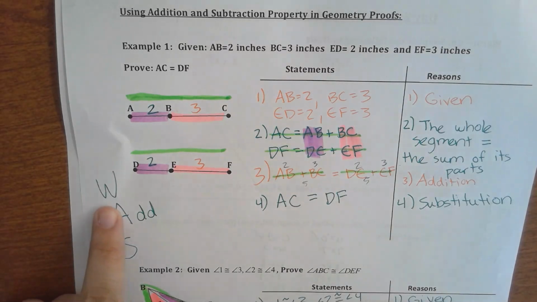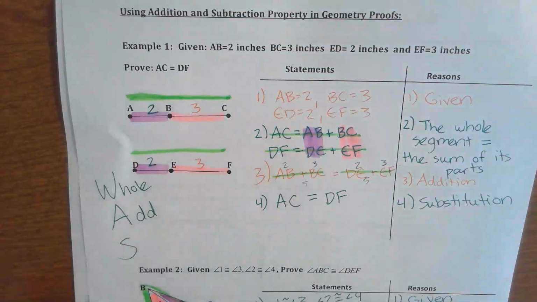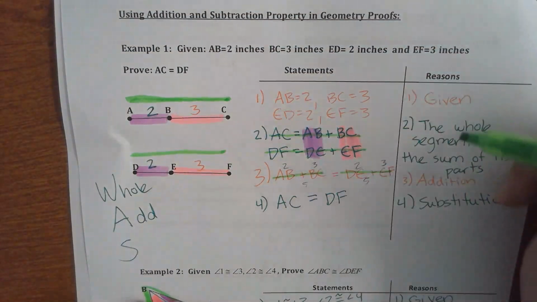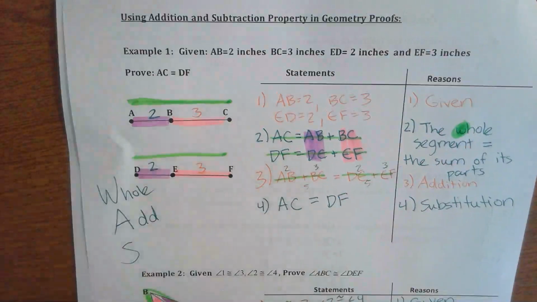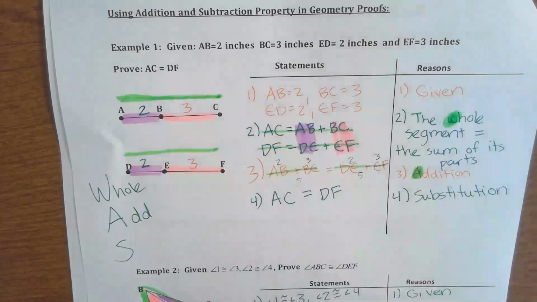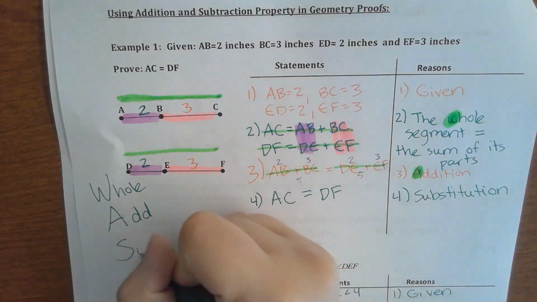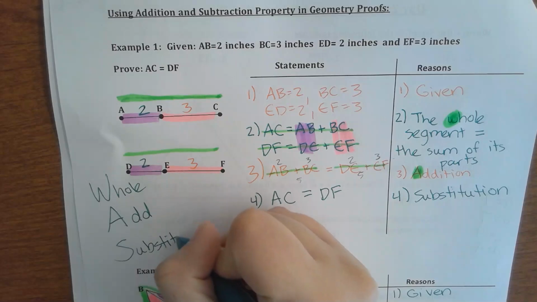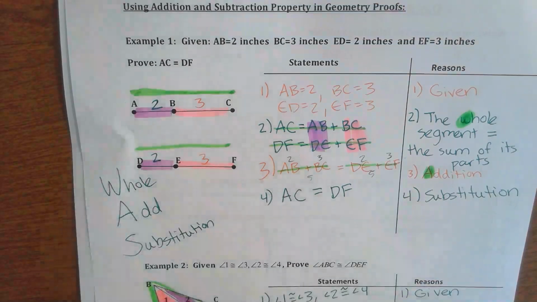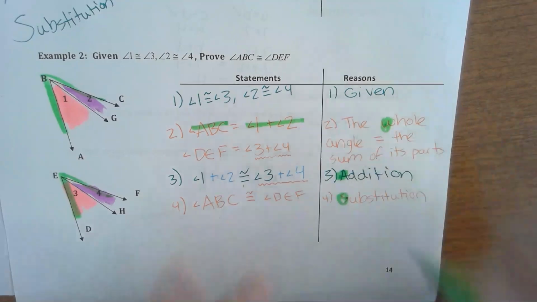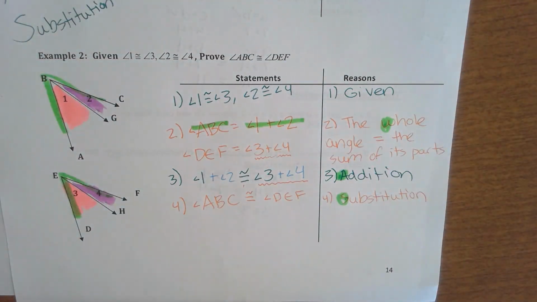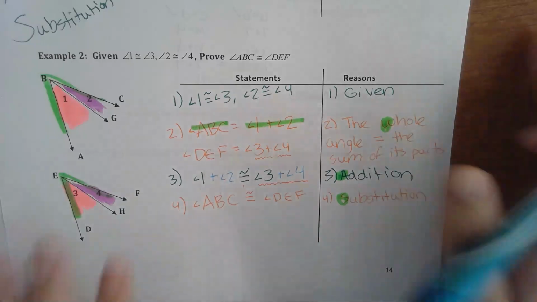After our givens, we think about the whole thing, the whole segment. Then we think about adding in our addition property. We end by substituting to get what we want. W-A-S. Addition proofs, we think of WAS.